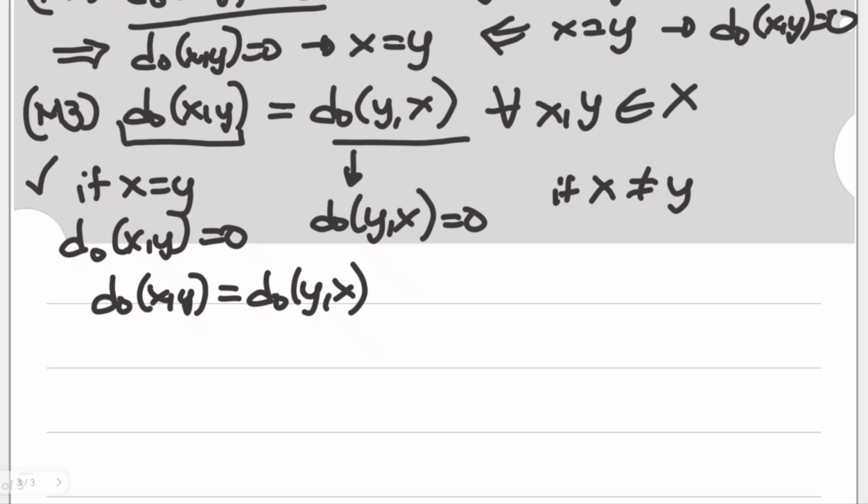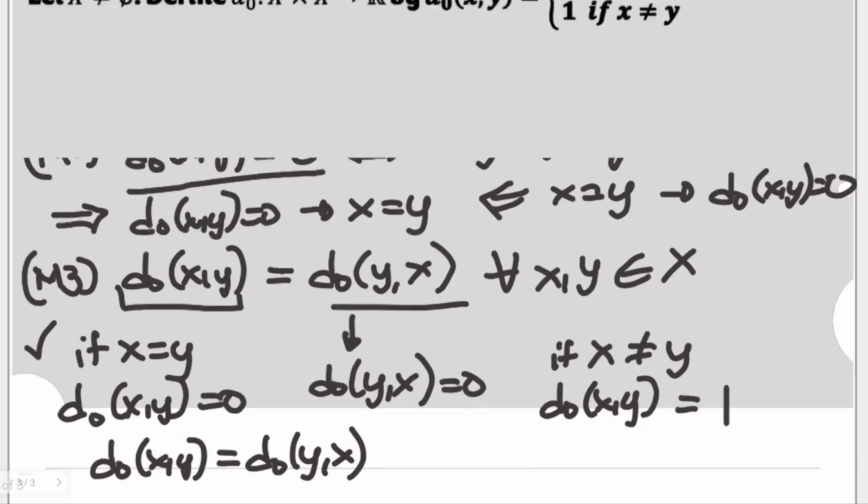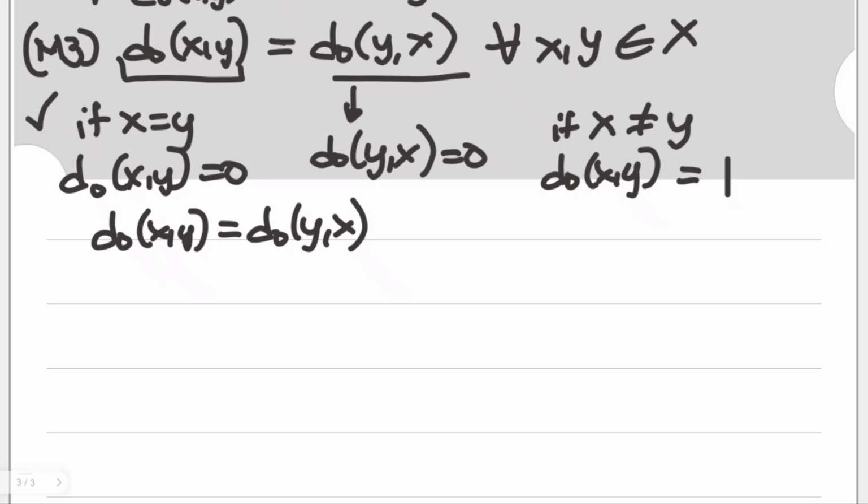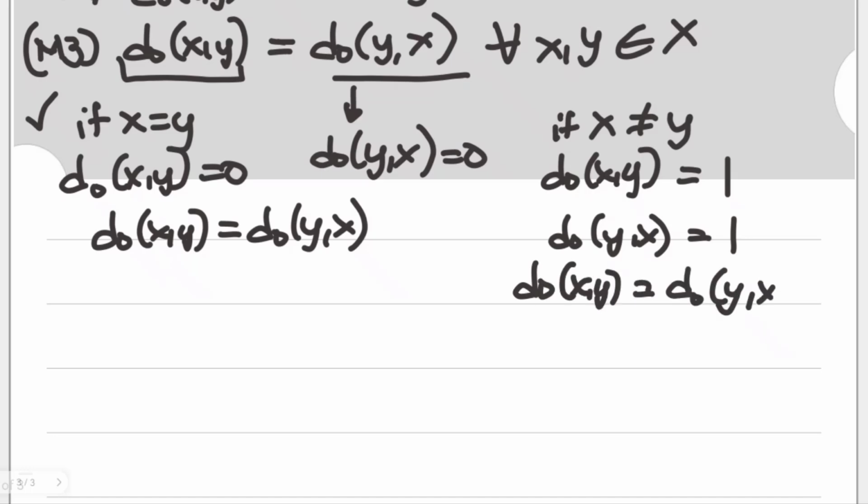So we need to show that the distance of x and y would be equal to the distance of y and x. Now, for any value of x and y, as long as they are not equal, the distance is equal to 1, because this is what the definition tells us here. But this is also true for the distance of y and x, equal to 1 as well, because they are still given to be not equal to each other. In short, the distance of x and y is equal to the distance of y and x when x is not equal to y.